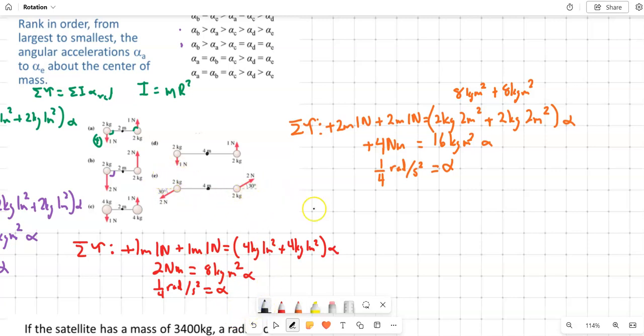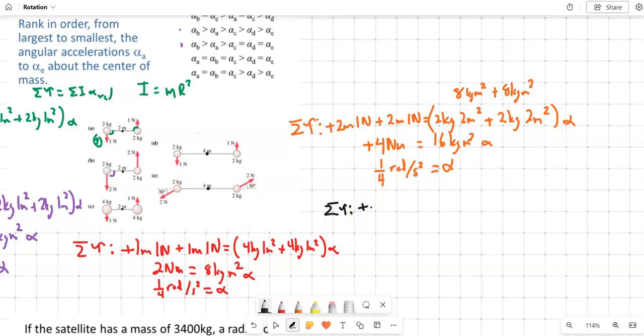Let's do E together. So E is a little bit more complicated. It's very similar to D, but we have this sine of 30 degrees. So again, these forces, even though they're diagonal, are going to be spinning it counterclockwise.